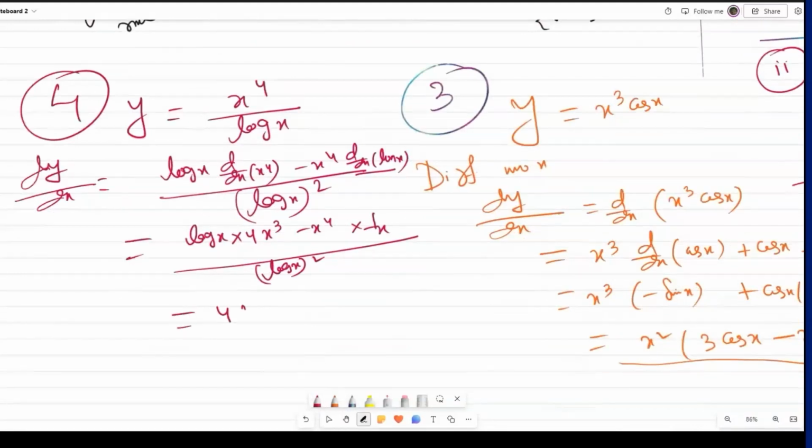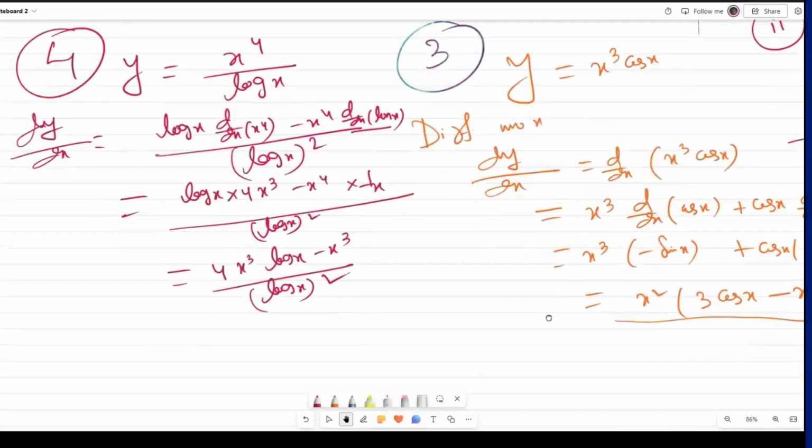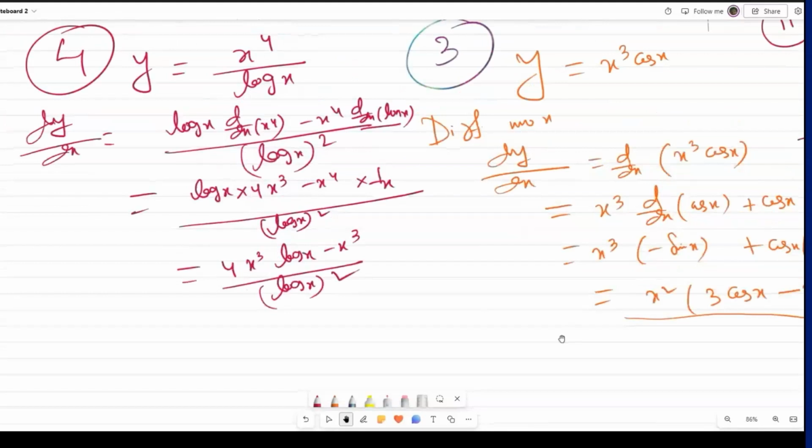It is done. Clear? So differentiation, how to differentiate a function, I hope it is clear to you. You apply the concept on 4 simple problems. Just writing one by one.